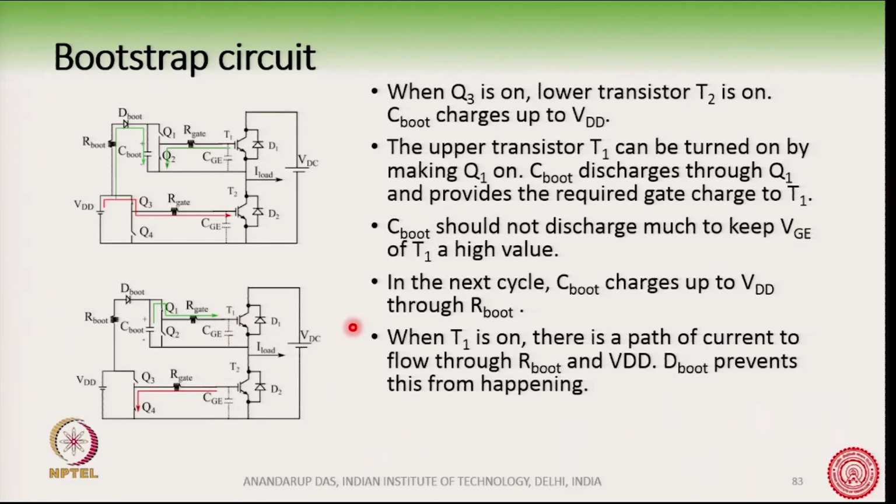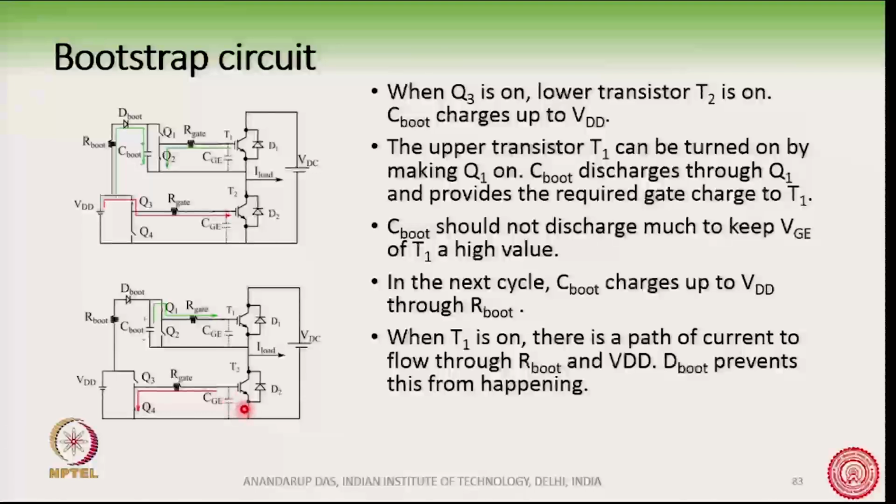Once again, when I want to turn on the lower transistor, I will turn on Q3 and I will turn off Q1. So, this IGBT will discharge through Q2, and this C boot will charge up through the lower path again, like this.